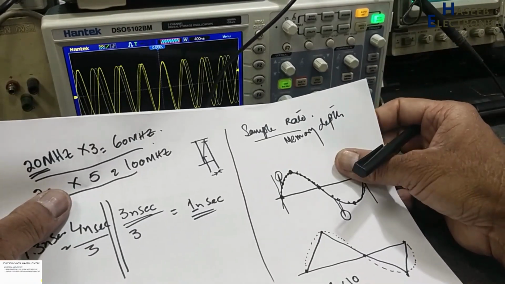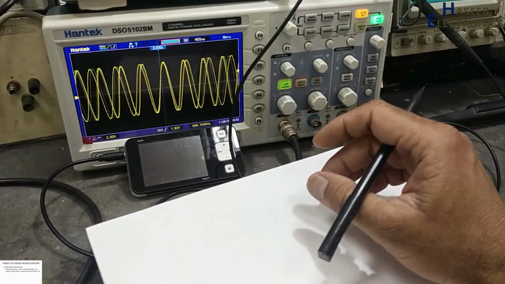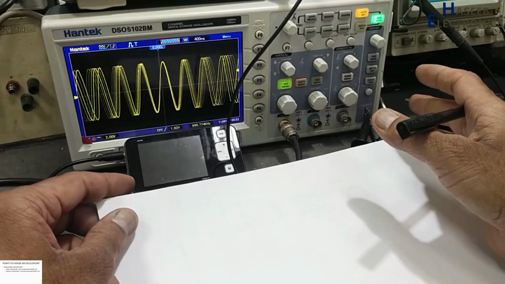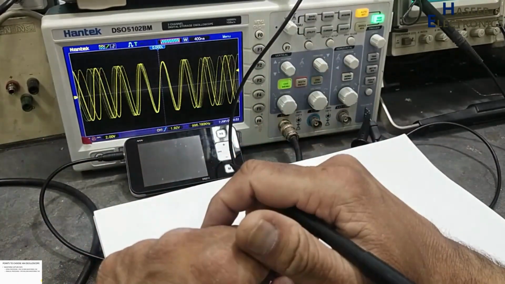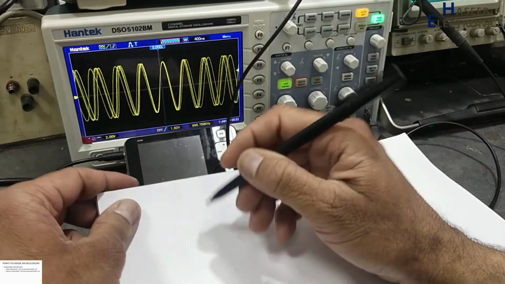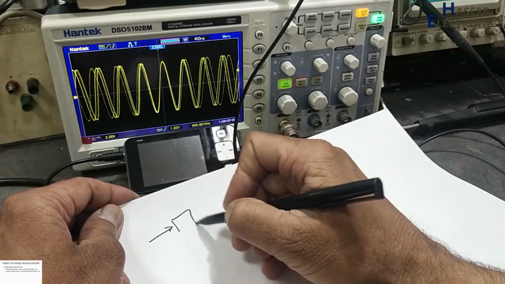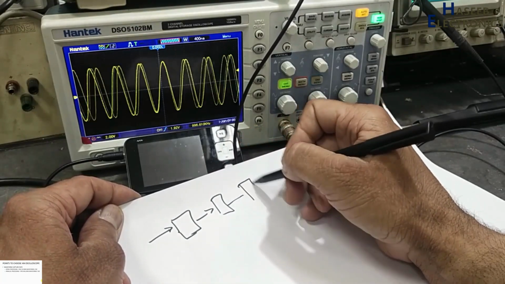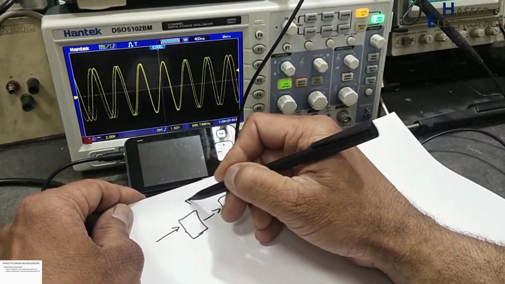Then waveform capture rate. If we are selecting an analog oscilloscope, it displays a signal with a vertical amplifier and time-base circuit, but if we are selecting a DSO, digital storage oscilloscope, its processor type is a serial processor. It will take a sample, then store it into memory, then process, then display. So DSO is slow.